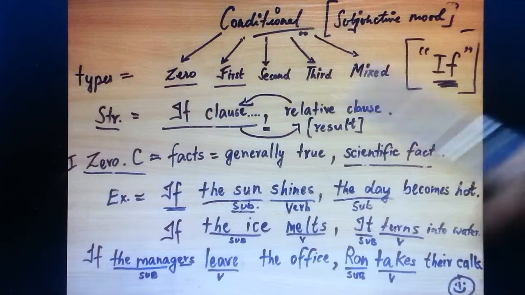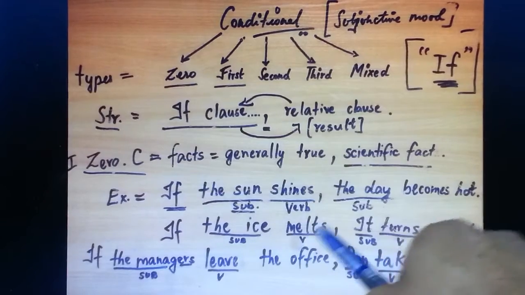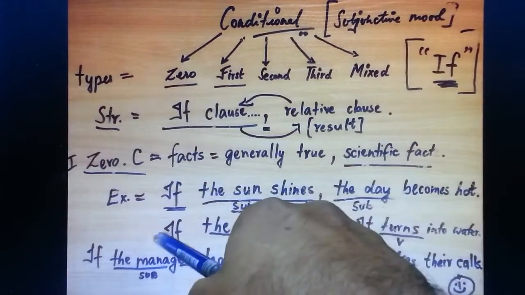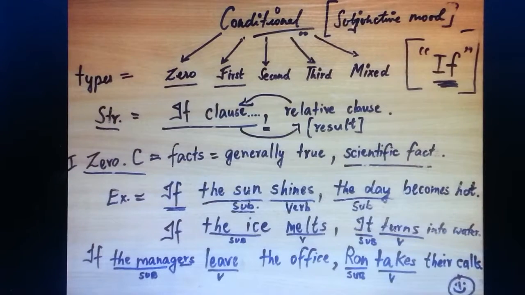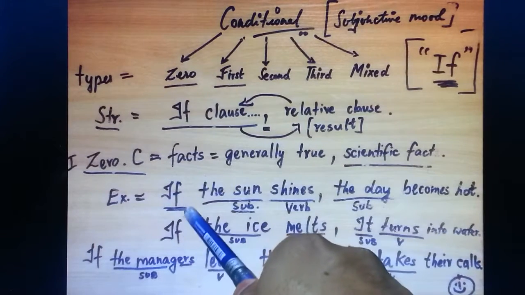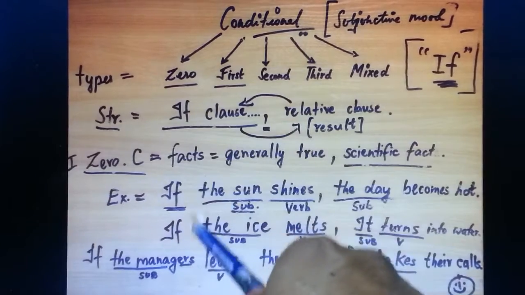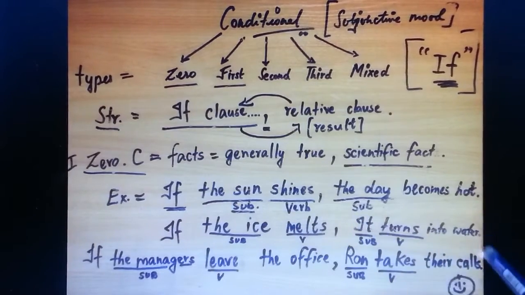So if the ice melts, it changes into water, or if the ice melts, it turns into water. So look at the sentence once again. If plus present simple and present simple.